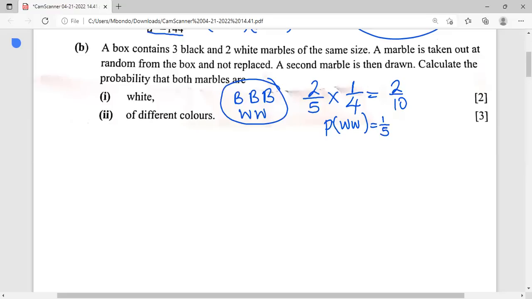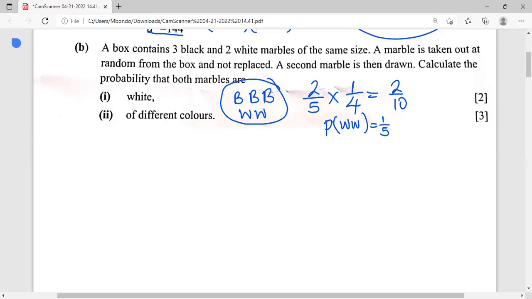Then I bring you to this question here. What is the probability that both balls are of different colors? Both balls are of different colors. Here we have two colors, so we have two probabilities.